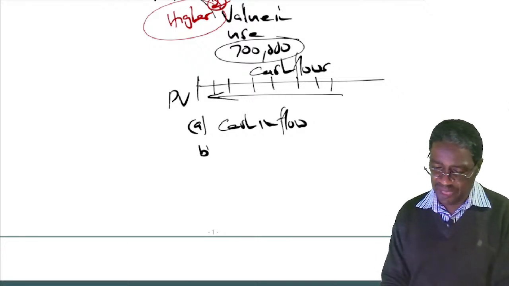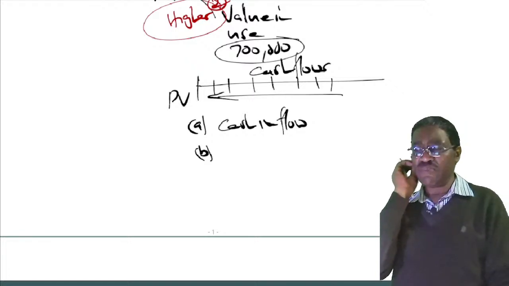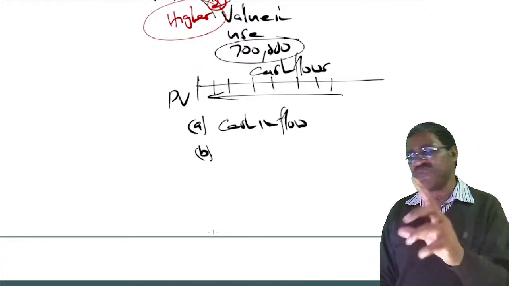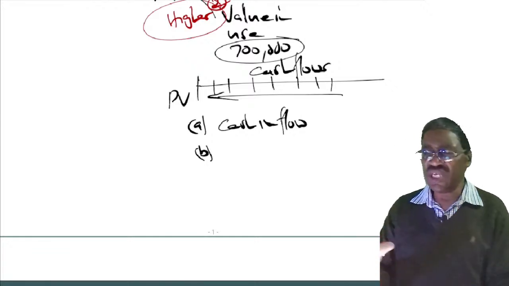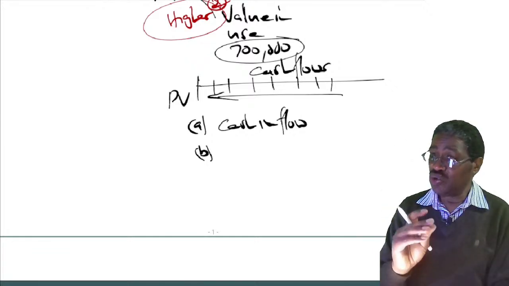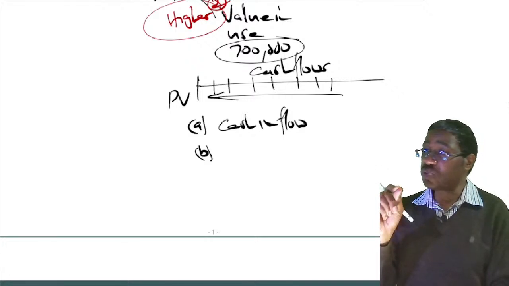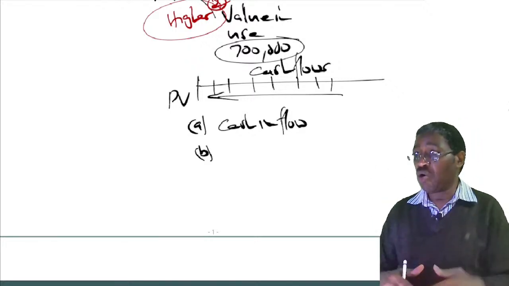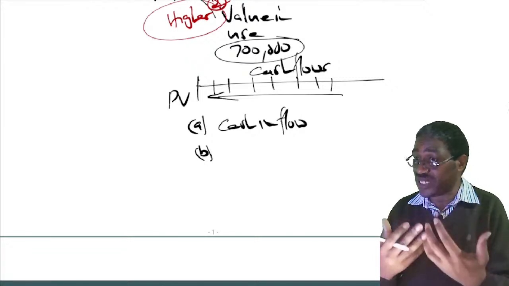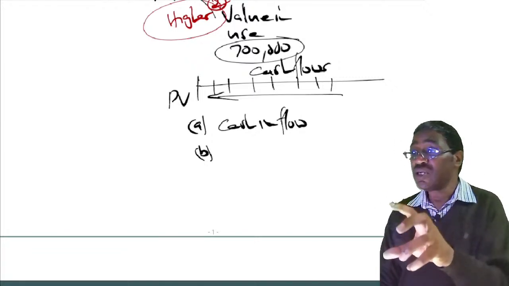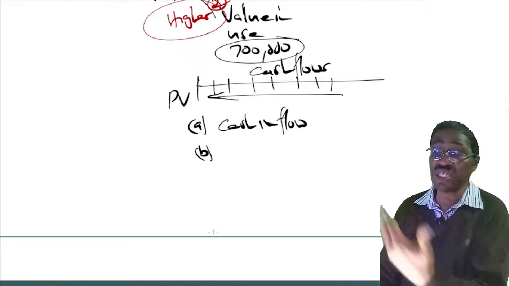Number 2, for example, let us assume we are dealing with a machine, and maybe somewhere in the 4th year or 5th year, you as a company will need to spend some money for maintenance of that machine, or you are projecting that the machine may require some repairs in 2 years or 5 years from now.